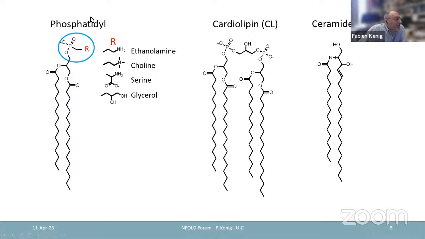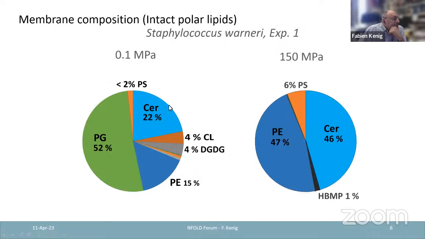Phosphatidyl ethanolamine will be summarized as PE, phosphatidyl serine as PS, and PG will be phosphatidyl glycerol. And I'll show you here the results we obtained with Staphylococcus: the difference between the distribution of these lipids at atmospheric pressure and at 150 megapascal.